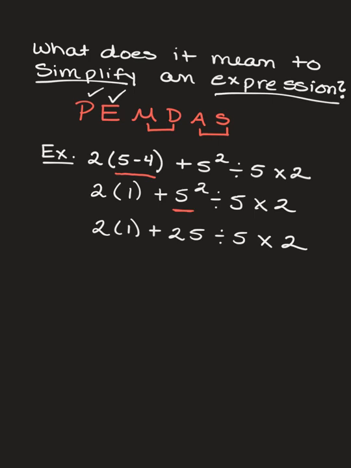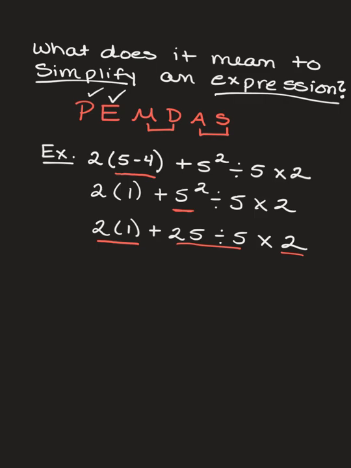So watch what I'm going to do here. To take care of multiplication and division, I'm going to take care of this multiplication here, and then I'm first going to divide 25 by 5, and then eventually I'll multiply by 2. So let's take a look at what that looks like.